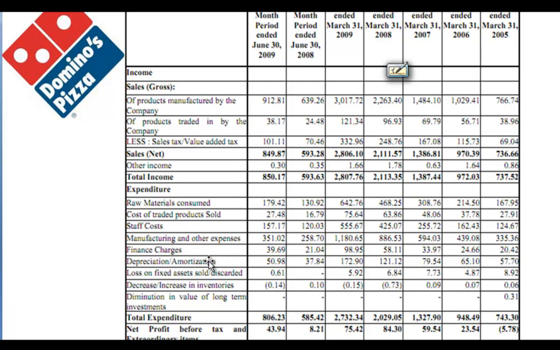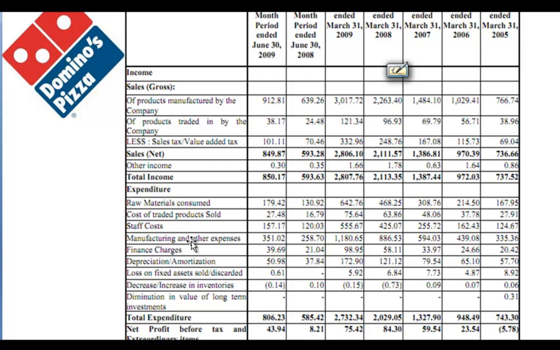So they have clubbed all the expenses into one bucket, and if you note, they have very smartly left out their marketing expenses. Now I don't know why, but if I were to guess, typically for a company like Domino's, anybody can make a fairly decent pizza, but a lot of Domino's strength is in marketing. So they don't want their competitors or somebody else to know how much they're spending on marketing expenses.